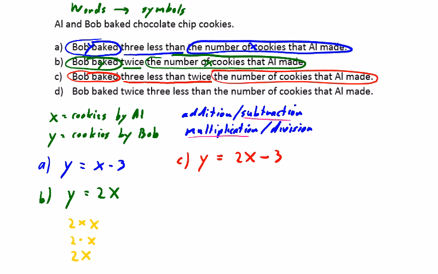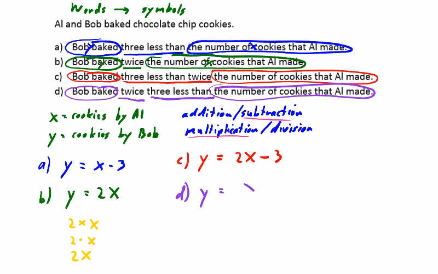In the final case, Bob baked twice 3 less than the number of cookies that Al made. So in this case, the number of cookies that Bob baked is related to the number that Al made, but in this case, it's twice 3 less than the number of cookies Al made.